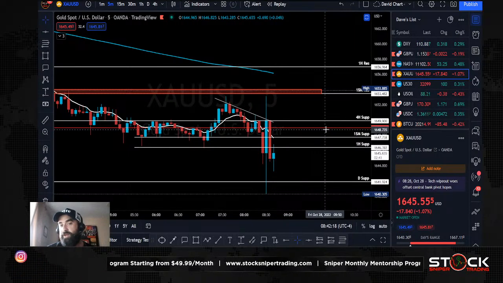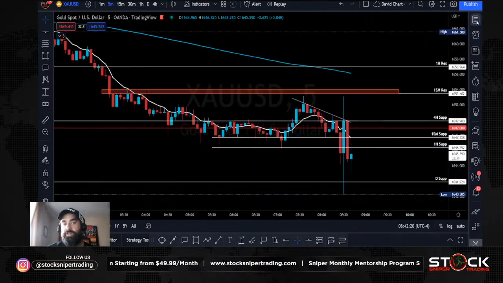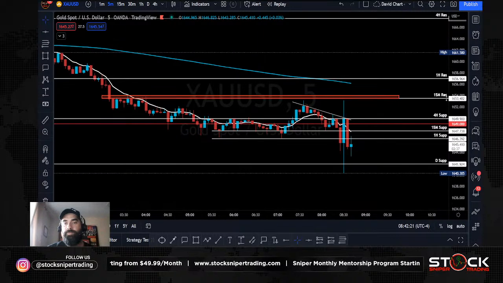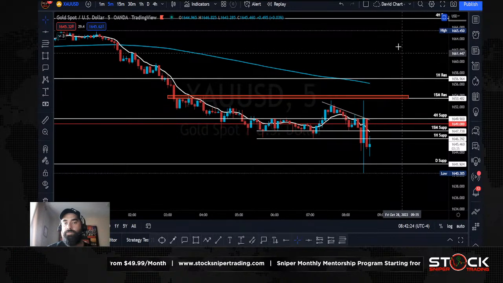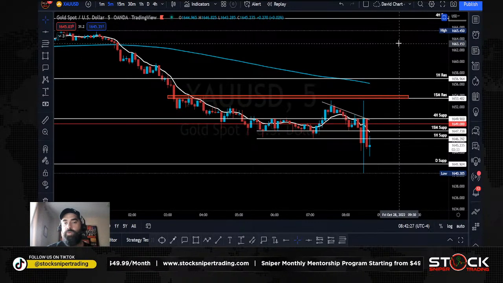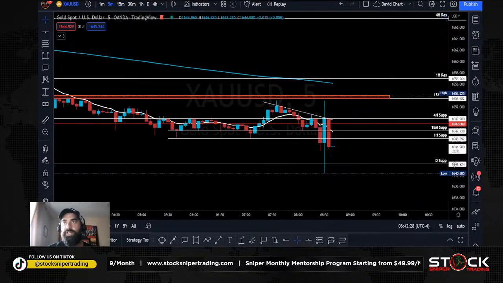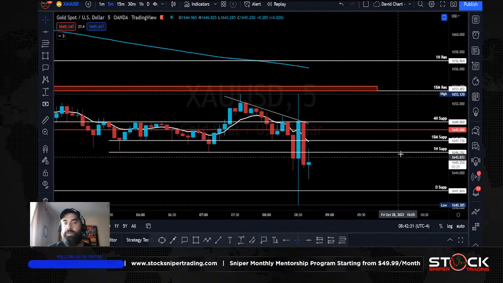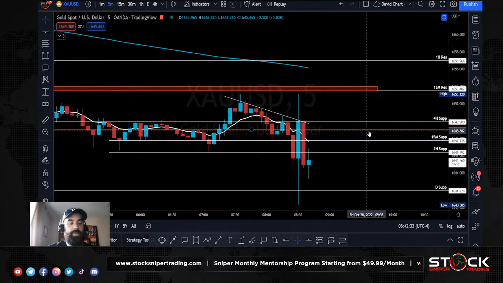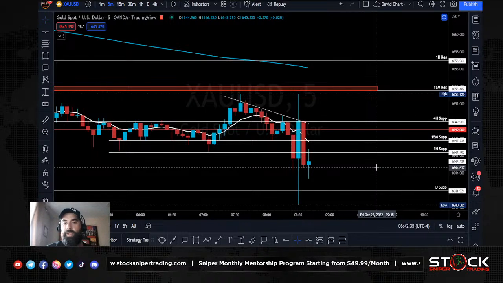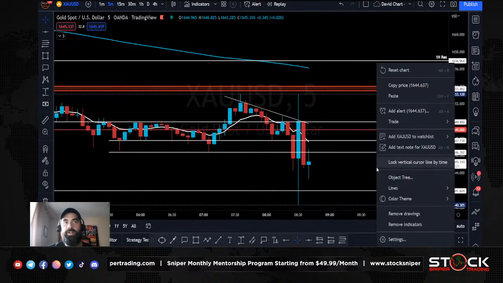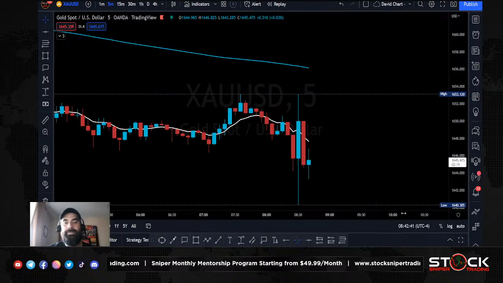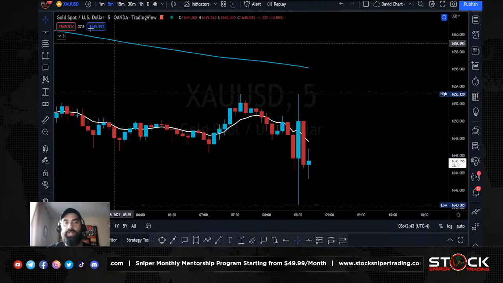Okay, so we can just erase honestly everything here and just kind of work in our zones again, but we're beyond the lower zone that I'm looking at currently. Okay, at 1649 was the zone, and you can see we're maybe starting to get a little imbalance here. Gotta love Fridays, guys. Horrible trading just because of the news.